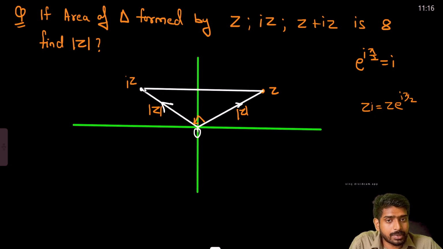Z plus iz will be this complex number by vector addition. So clearly we can see that this line OZ and this line OIZ have the same magnitude and they are perpendicular to each other.